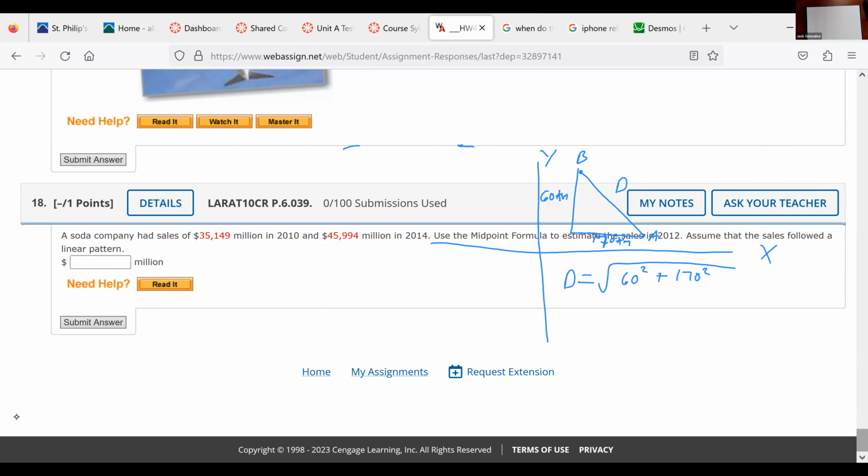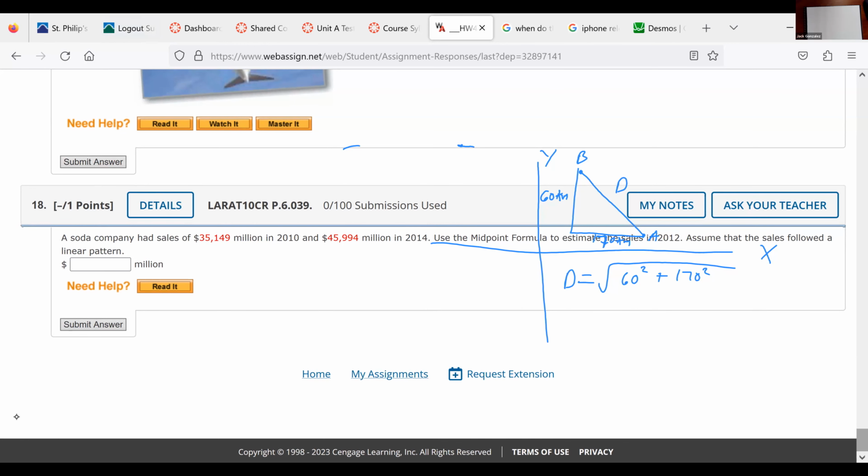A soda company has had sales of 35,149 million. Wow, that's a lot of money. This is how many millions? That's insane. Okay, and 45,994 in 2014.